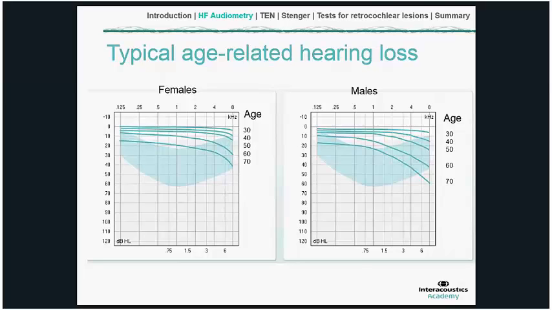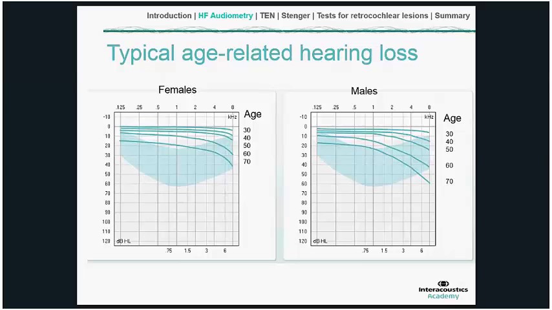It's due to the tonotopic layout of the cochlea, with different characteristic frequencies along the basilar membrane and the higher frequencies towards the basal end of the basilar membrane.